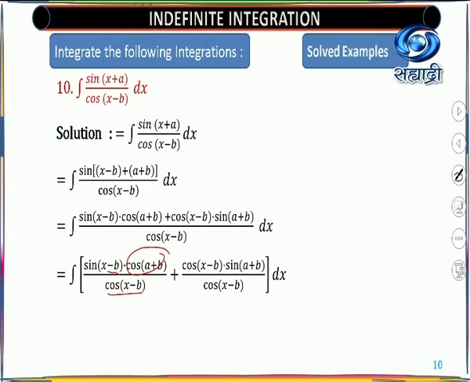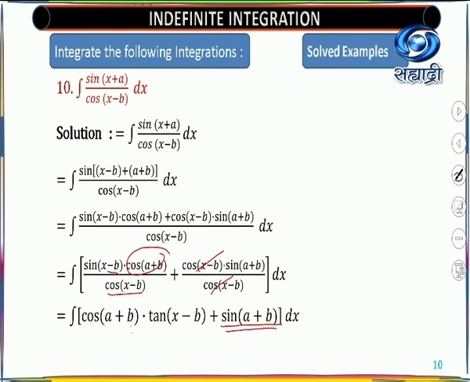Look at here, cos x minus b upon cos x minus b. Immediately this will get cancelled and you are having a constant only. So this is more simplified than the first term. So you will get this as, look at here, this is integration of cos a plus b. Here you are having cos a plus b, sin upon cos means tan of x minus b plus sin a plus b dx.